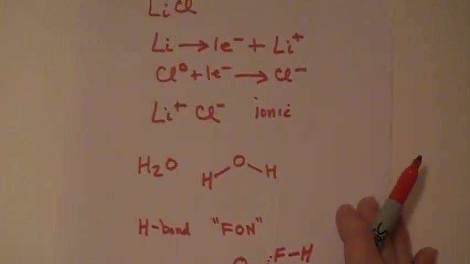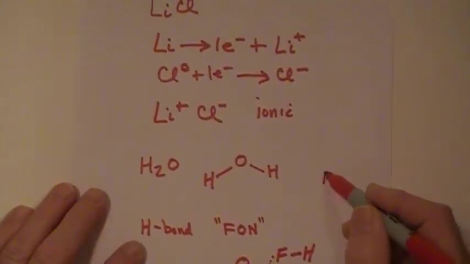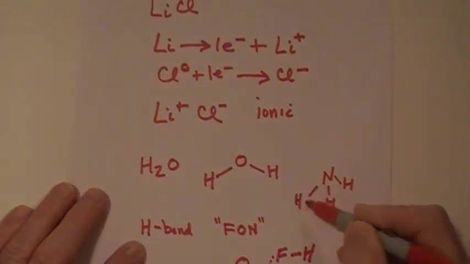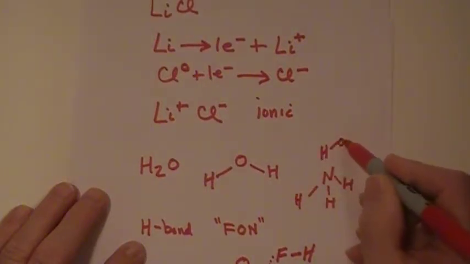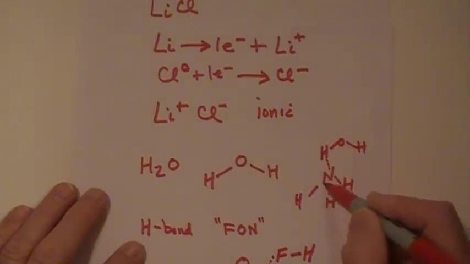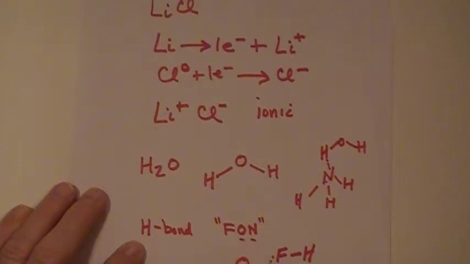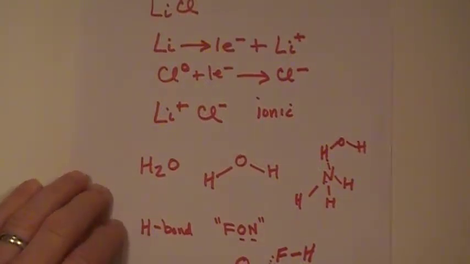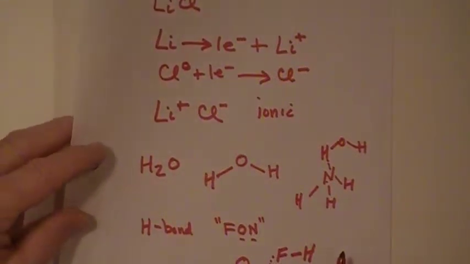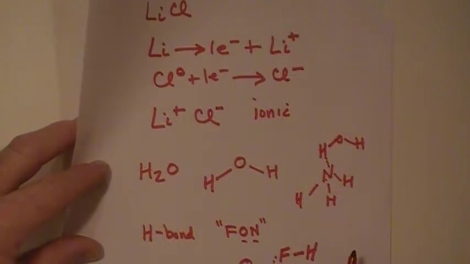Another example of hydrogen bond would be in ammonia and water, because again, the hydrogen can exist between oxygen and nitrogen. And so hydrogen bonds tend to cause molecules to associate. It helps them dissolve, and it can increase their boiling points and so forth.